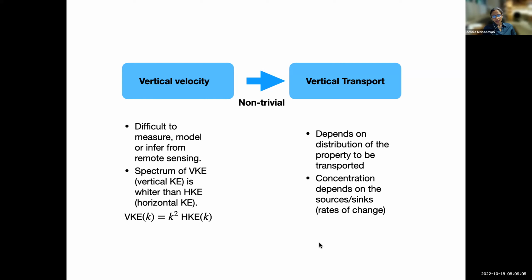So we want to get to vertical transport, and it depends also on the distribution of the properties. So there's vertical velocity; now we want to get to transport. It depends on the distribution of, for example, nutrients. If you're thinking of how nutrients are brought to the surface, then the concentration of those properties also depends on the sources and sinks of those properties. So we need to know, of course, some sort of background or mean concentration.